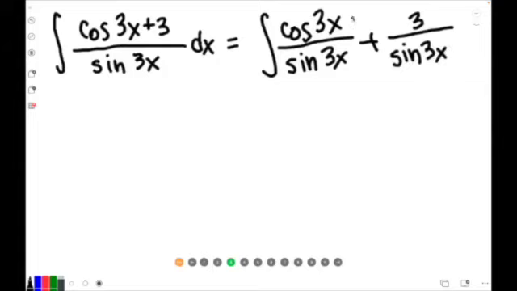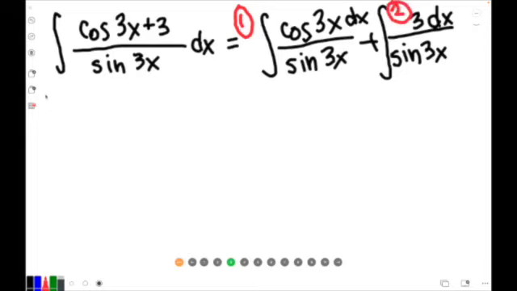Sorry, there should be a dx in here, and this should be an integral in here, dx. So let's mark this as the first integral, and this is the number 2 integral.